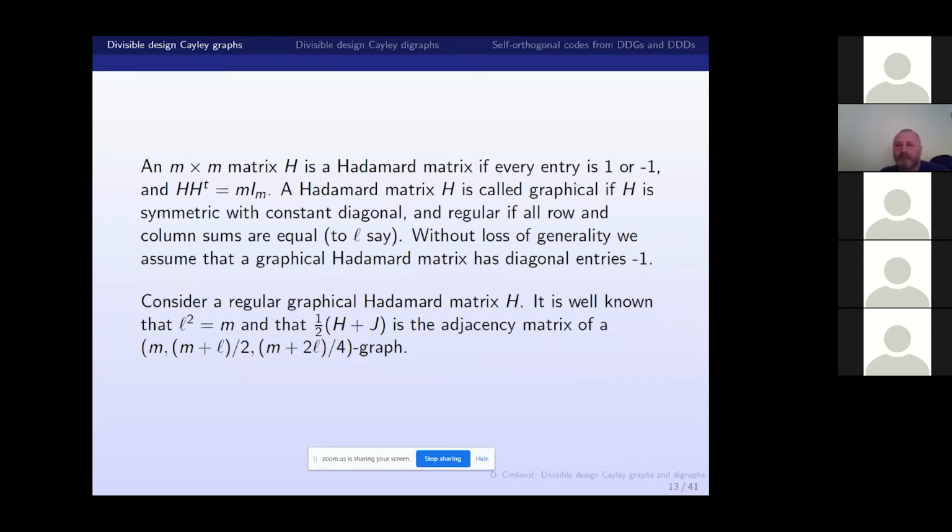It is the well-known Hadamard conjecture that such matrices exist for all positive integers which are divisible by 4.